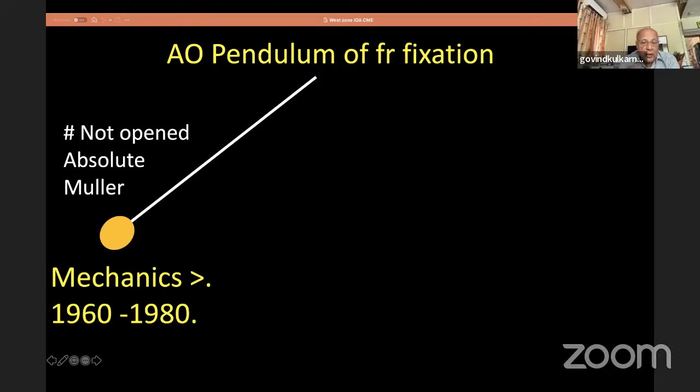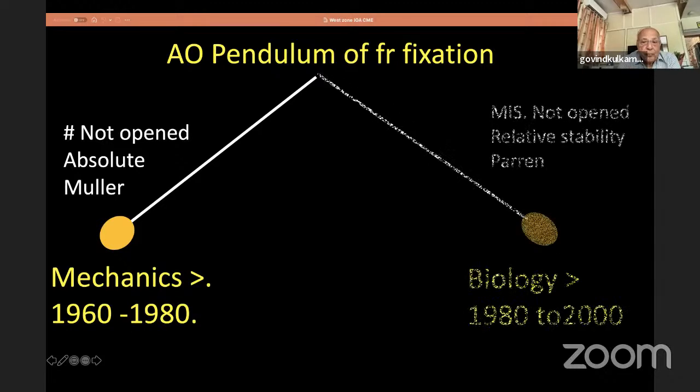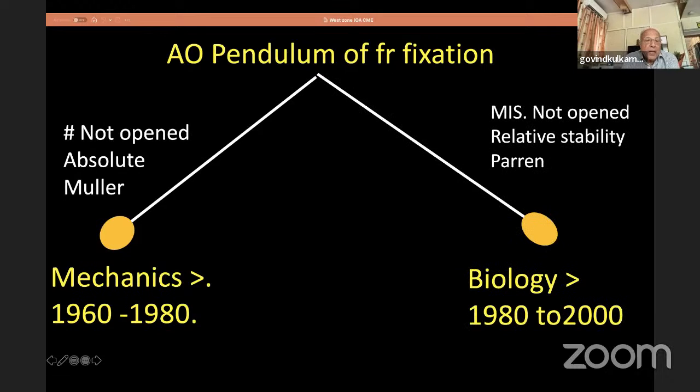Muller and others were the chief workers in that. Then this had a lot of problems. We have done this. I have also witnessed many complications of absolute stability and opening the fracture and not respecting biology. The pendulum swung to the other end from 1980 to 2000.